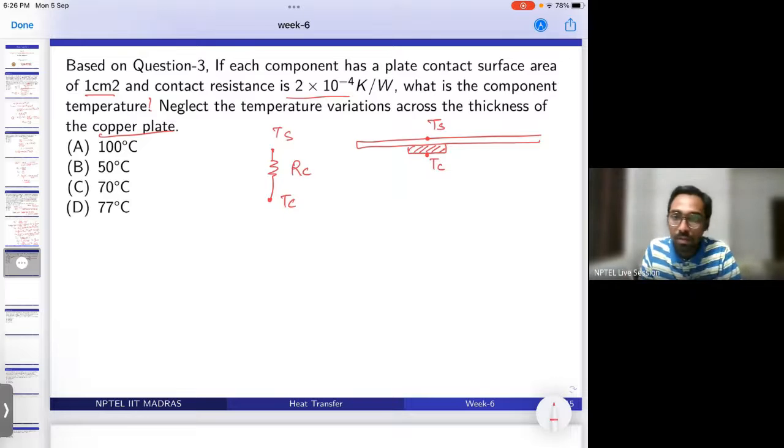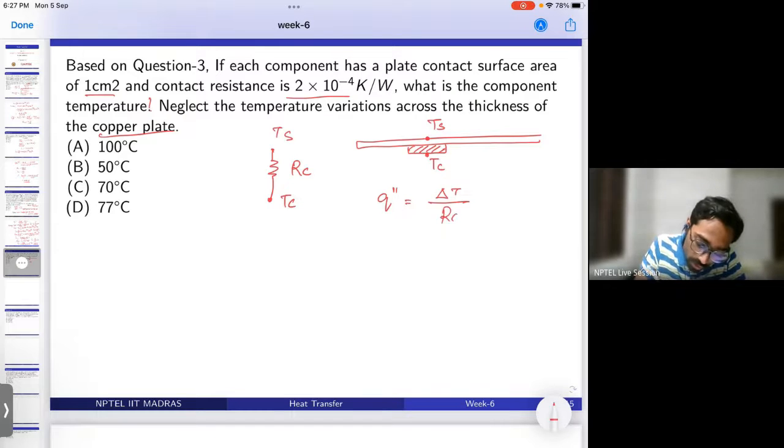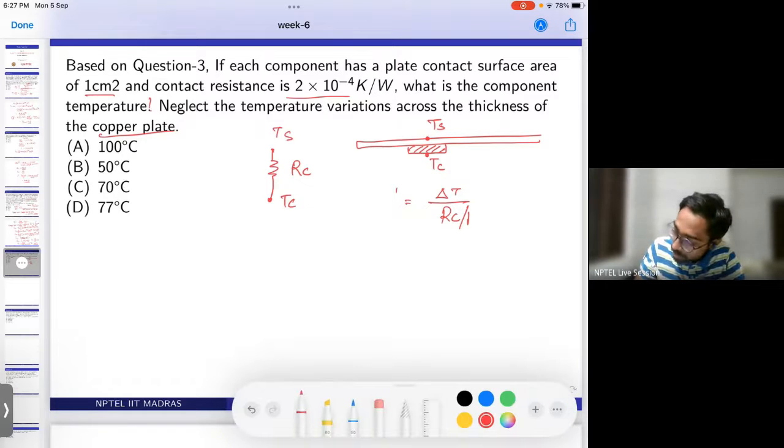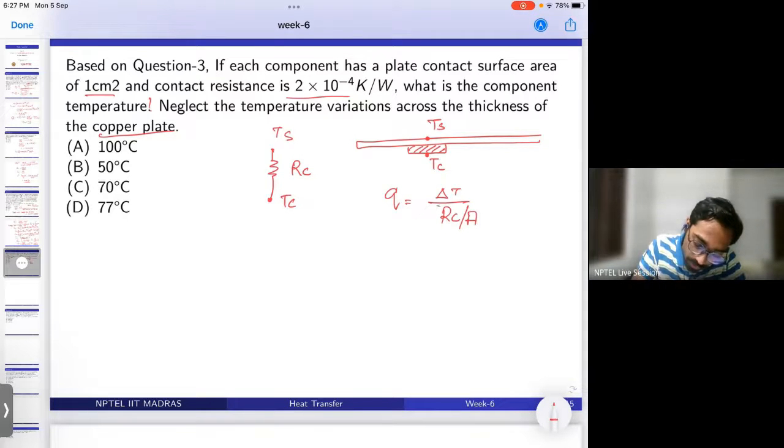Rc. So if you write the heat transfer network, Q is equal to delta T divided by the contact resistance, at the contact area.